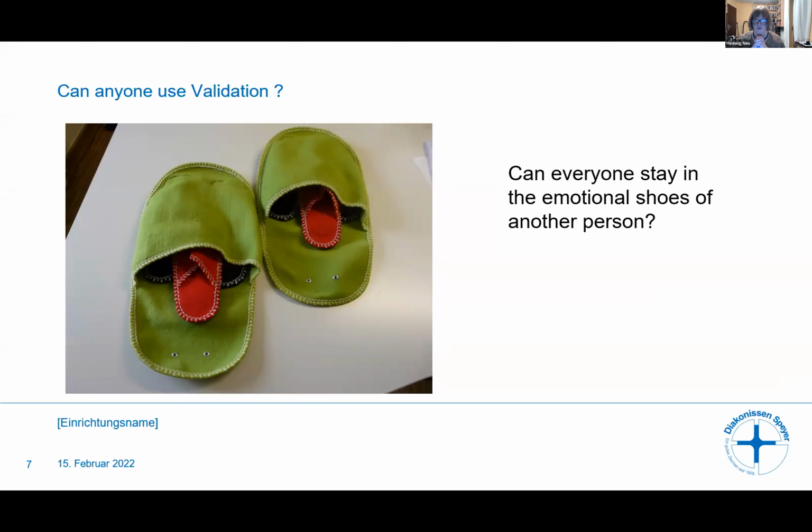To become a validation worker requires the willingness to engage deeply and with empathy with the emotions and needs of people with dementia who have reached their final stage of life. For this, the workers need a high degree of willingness for self-reflection. And this self-reflection is really urgent to do to have a good contact, a good relationship to the clients.